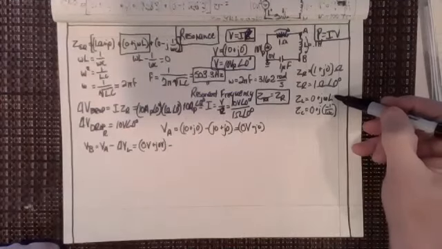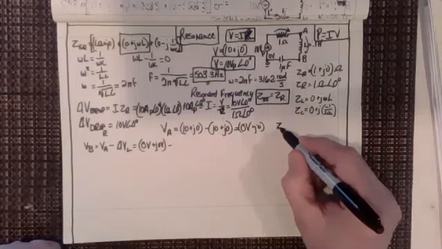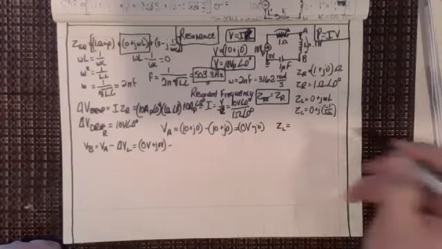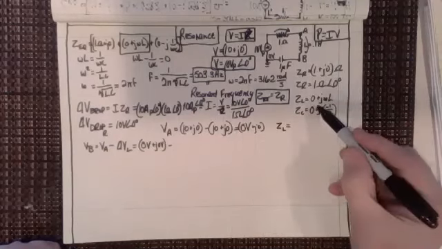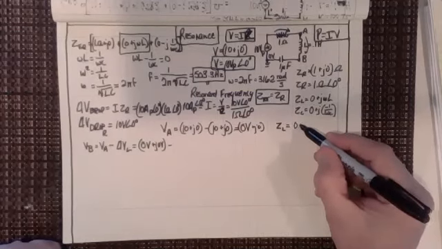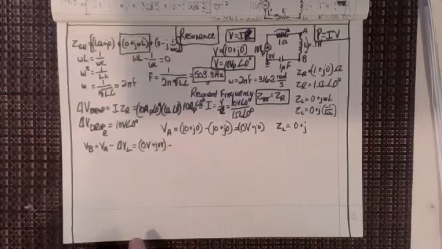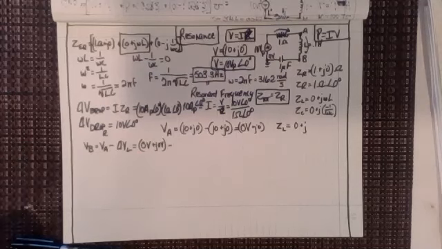We've written the impedance of the inductor out here in this form, but we haven't actually filled in those letters, have we? So let's do that. The impedance of the inductor is 0 plus j omega L. Now we know that L is 0.1. And what is omega L?